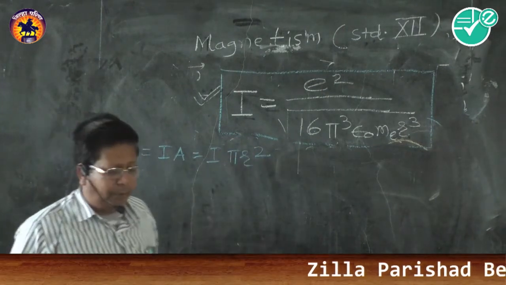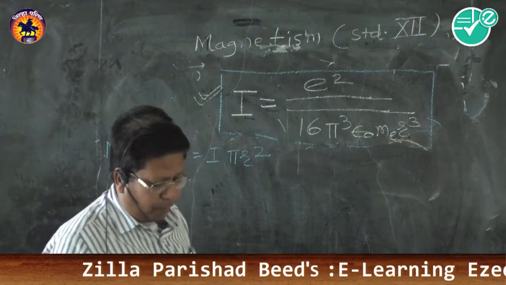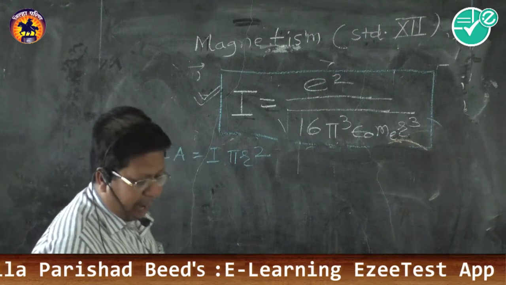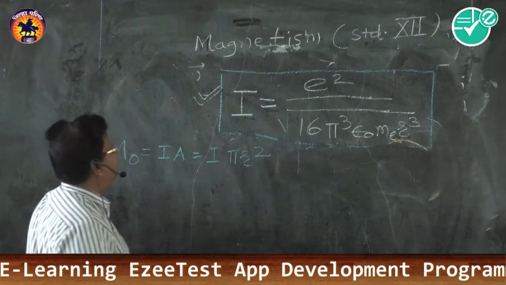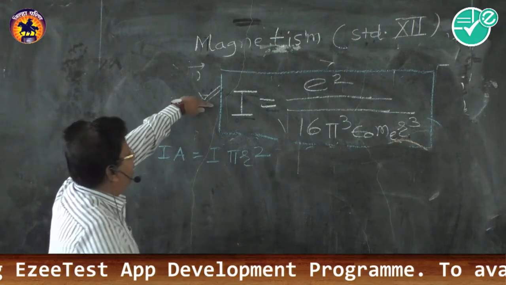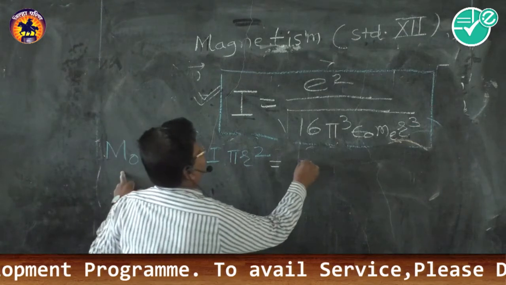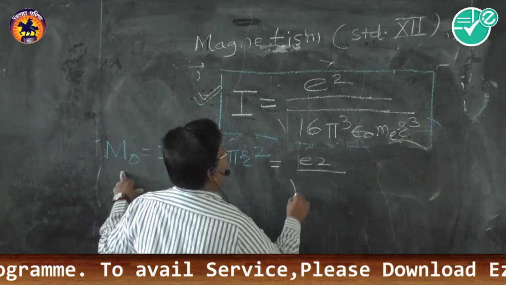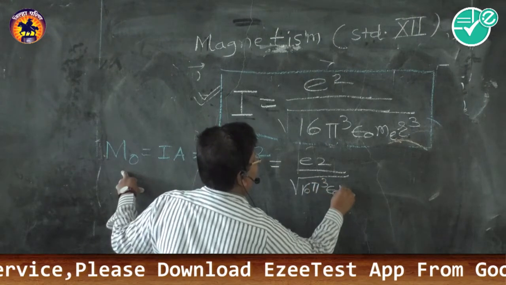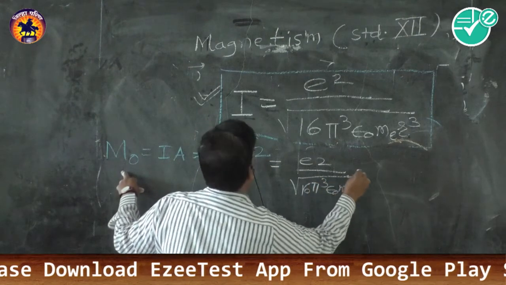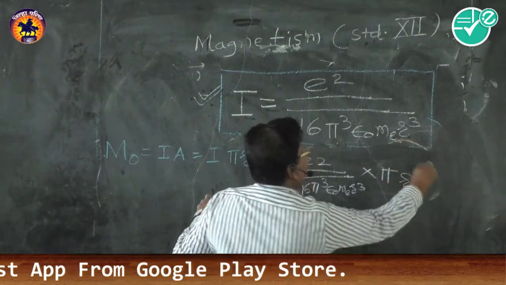This is the value of magnetic dipole moment. And if we substitute the value of this I, then we get M O is equal to e square divided by under root 16 pi cube epsilon 0 m e into R cube, into again pi R square.